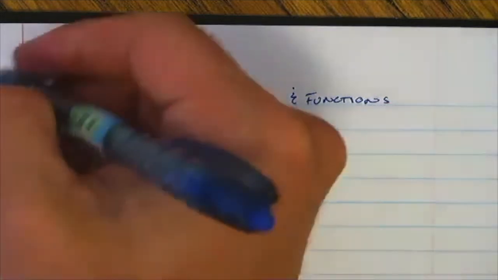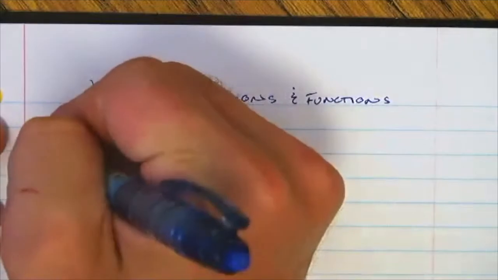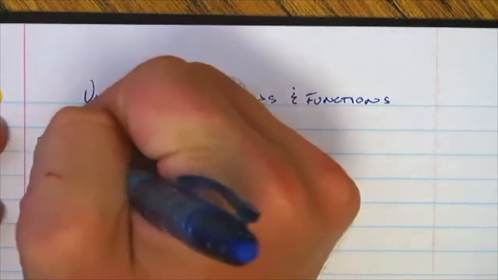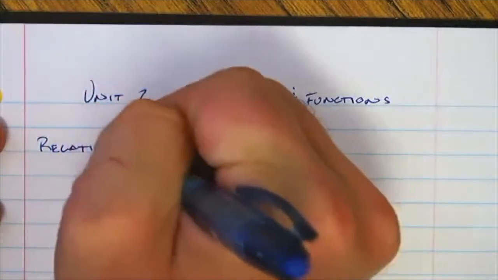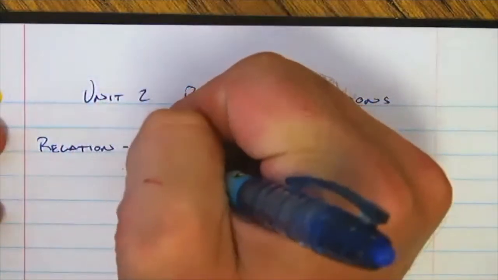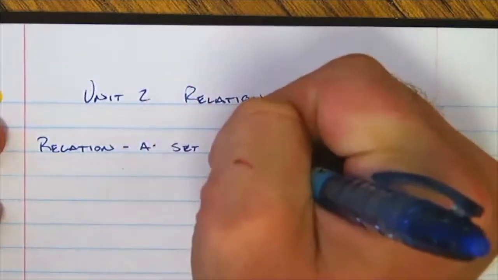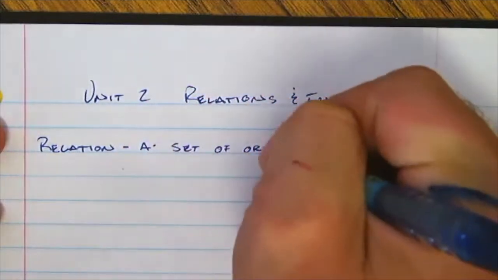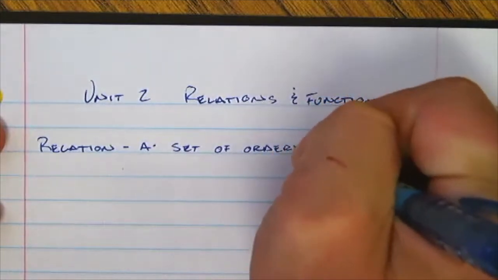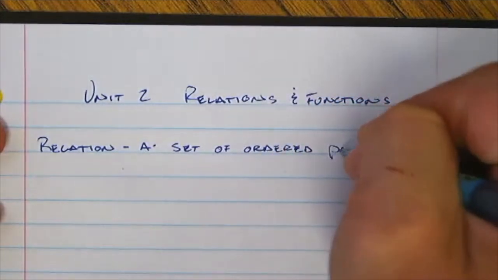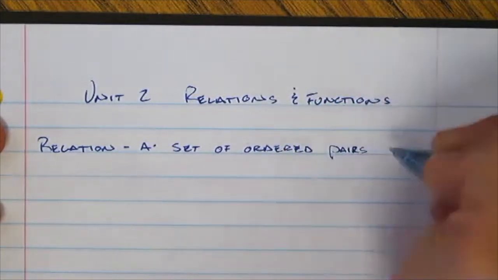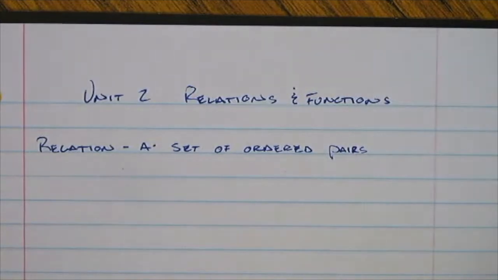First, we'll start with the definition of a relation. It's very simply a set of ordered pairs. So it's just a fancy way of saying a set of ordered pairs.